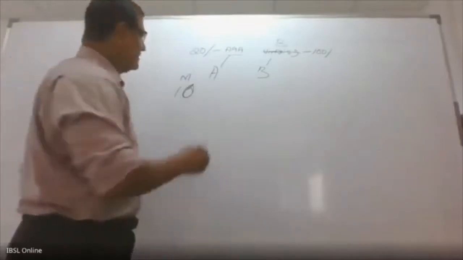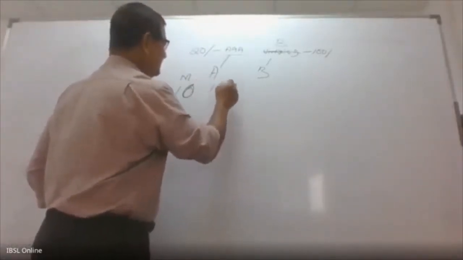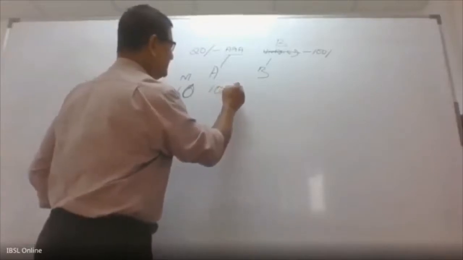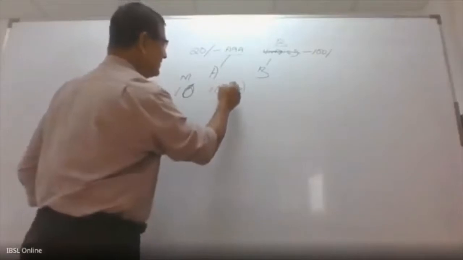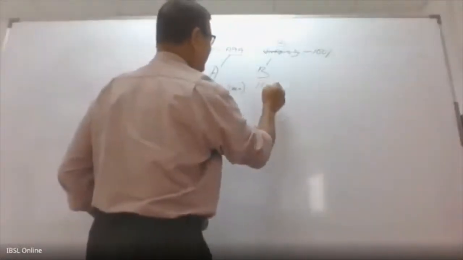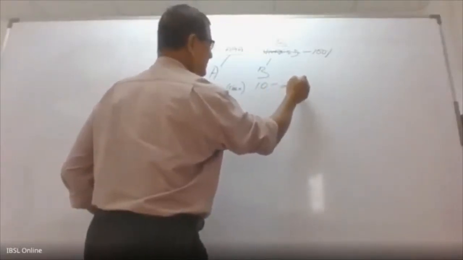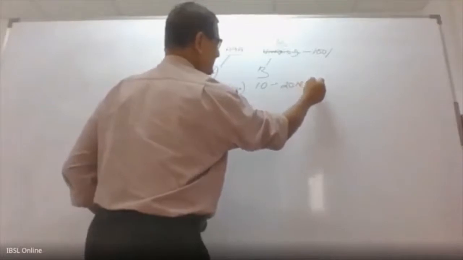And this particular company wants to borrow this 10 million on a clean basis. They are not offering any security. Whereas this company wants to borrow this 10 million and offers 20 million worth of property.